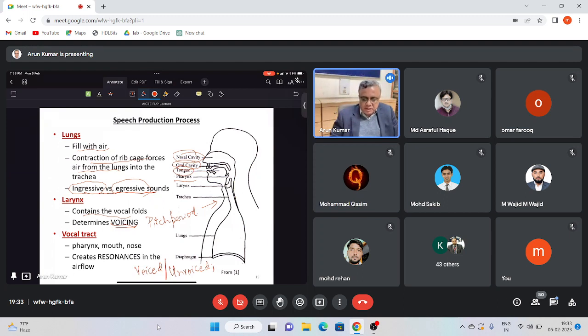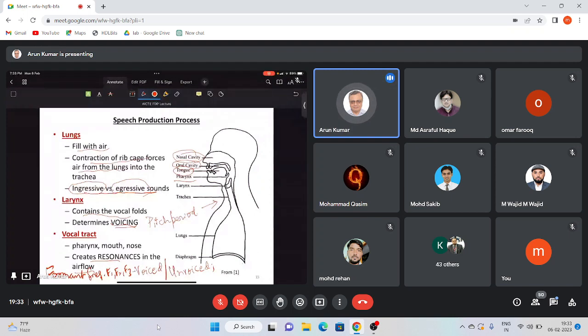The principal purpose of the vocal tract is to create resonances in the airflow. And the combination of these resonances is what creates different sounds. These resonances are known as formant frequencies, and they are denoted by F1, F2, F3, and so on.